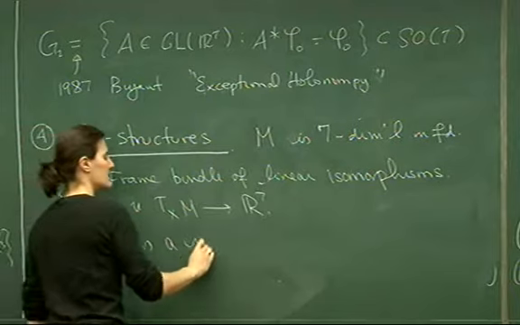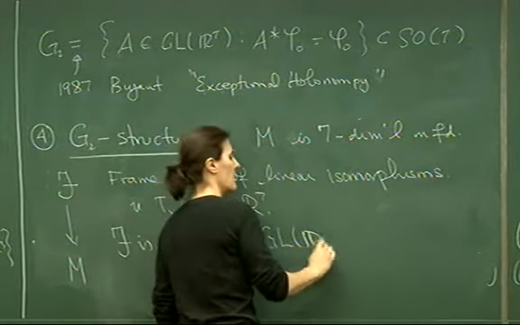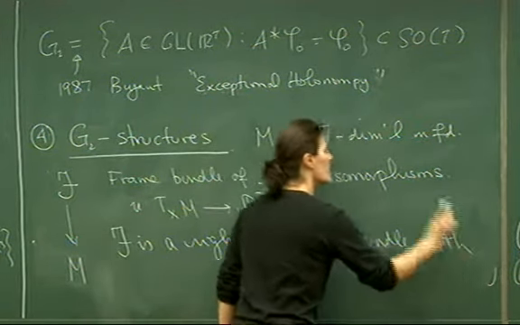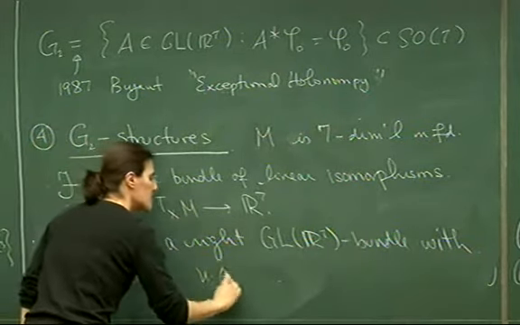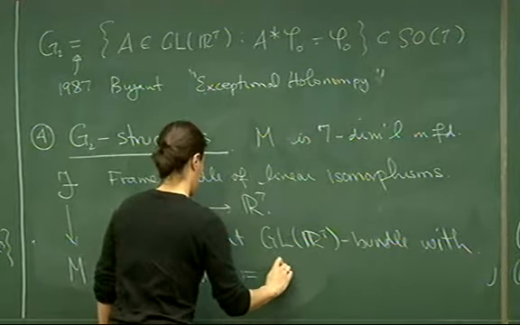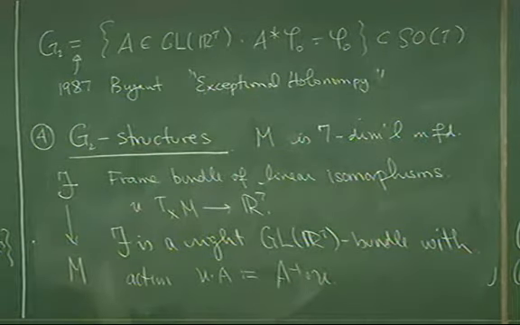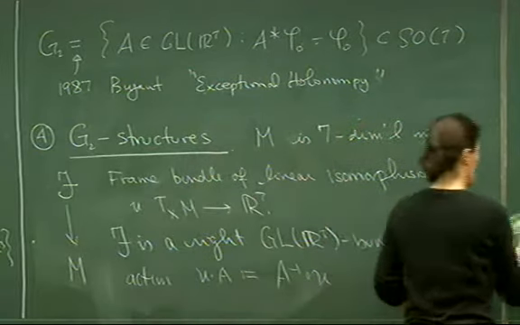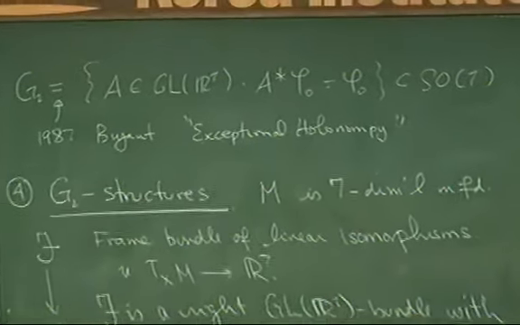F is a right GL(7) principal bundle with action given by u dot A defined to be A inverse composed with u. So that's a GL7 bundle.